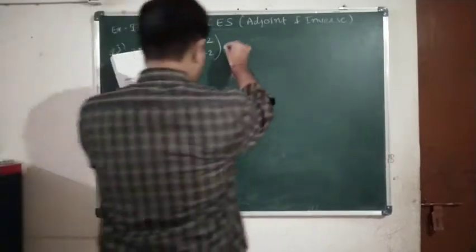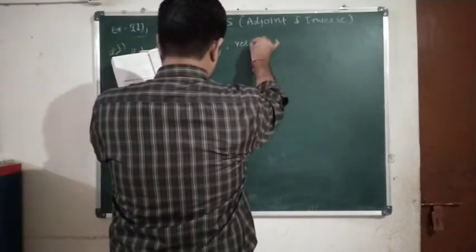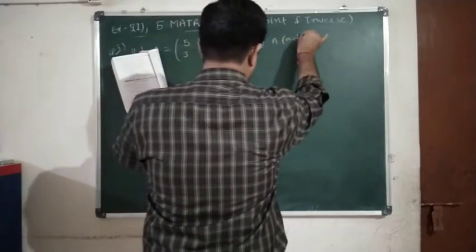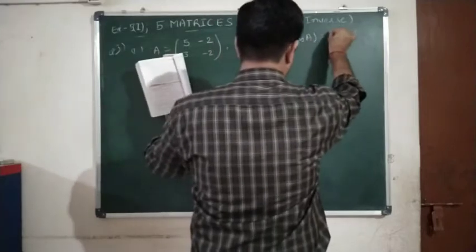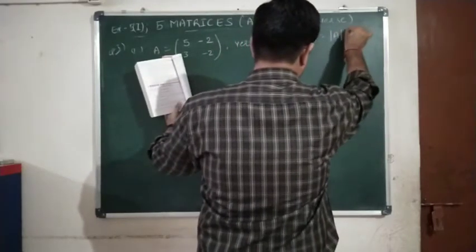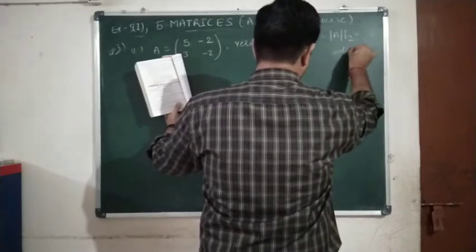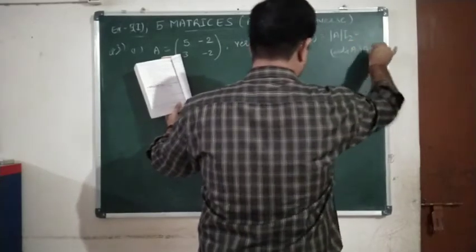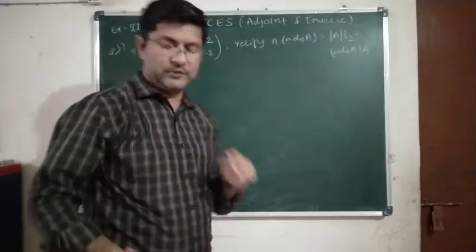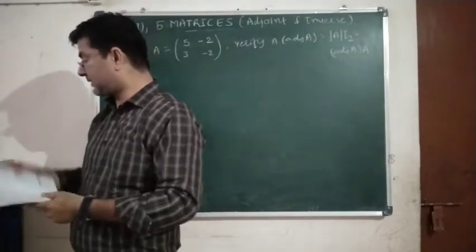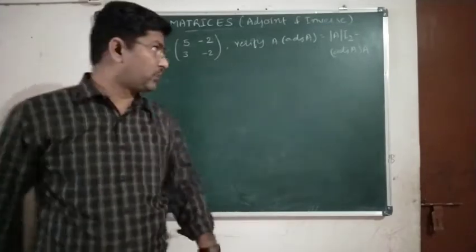We have to verify that A into adjoint of A is equal to determinant of A into I2, which is equal to adjoint of A into A. Now this is a property we know, one of the properties of determinants, and we have to prove this property.